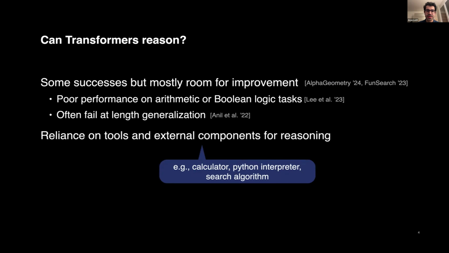They also often struggle with length generalization. Another thing is that current approaches often rely on external components to compensate for these issues, for example Python code and interpreter, or a calculator, or similar tools.